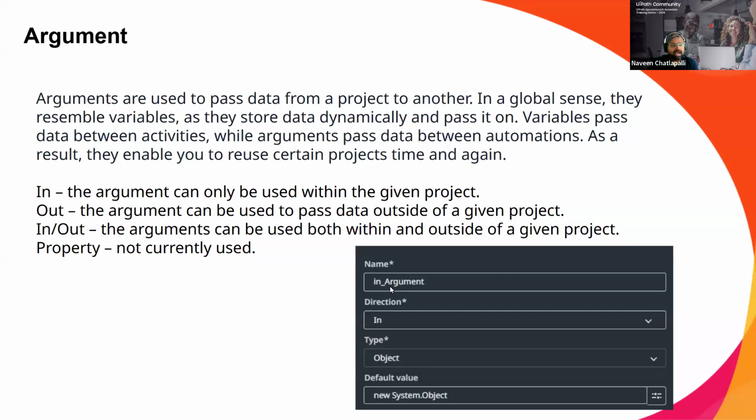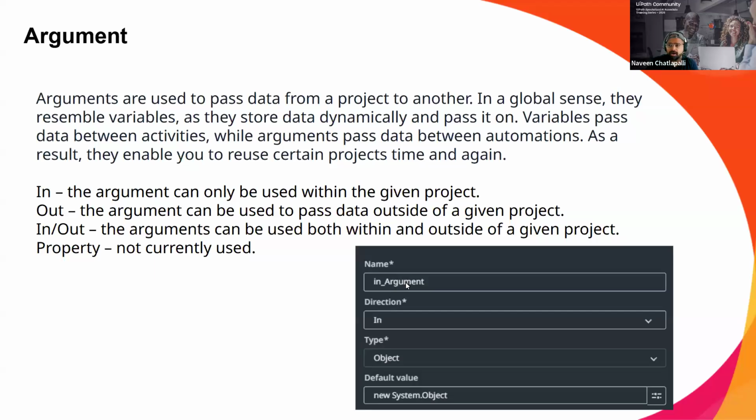In the same way, I have given a screenshot where it is recommended for you to use in as the prefix, underscore, the argument name, and the direction is in, obviously. The object type can be object or anything, string, data table, or integer, and the default value can be anything that you want to pass.